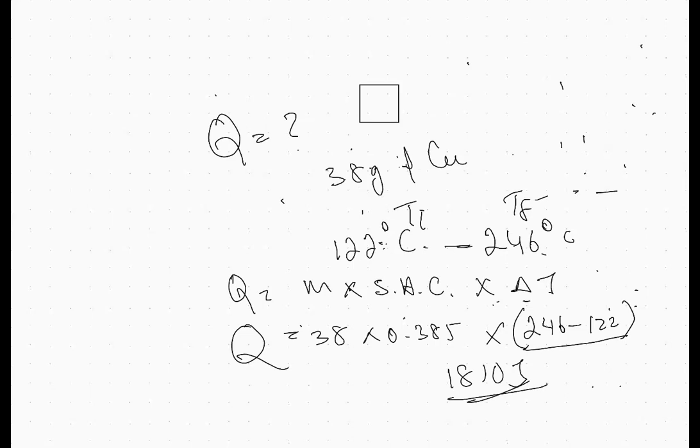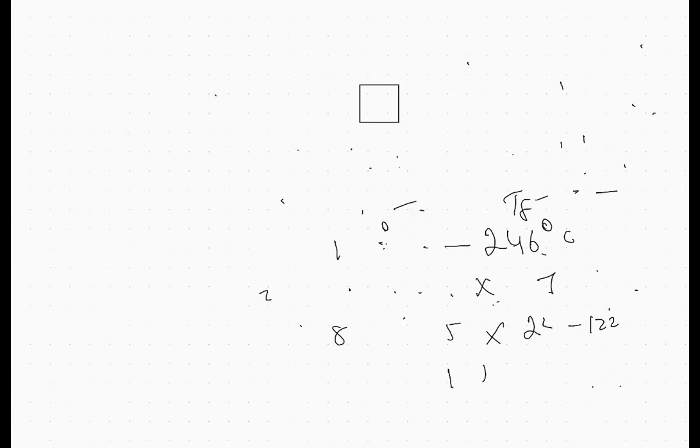At the end of a reaction, if you get a value for Q, the amount of heat, the energy in the form of heat, and Q is less than 0, that means it has a negative value, right?